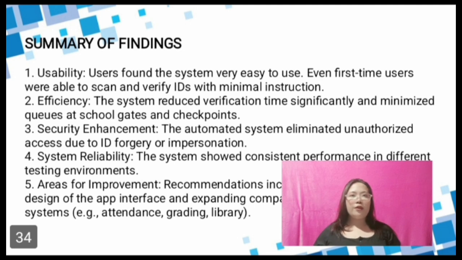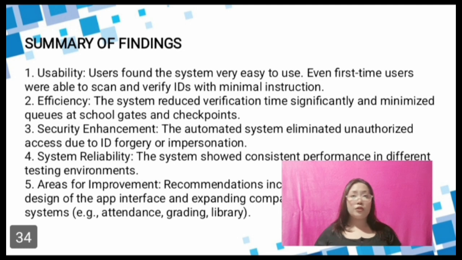Number 2, efficiency. The system reduces verification time significantly and minimizes congestion at the school gate and checkpoints. Number 3, security enhancement. The automated system eliminated unauthorized access and ID forgery.